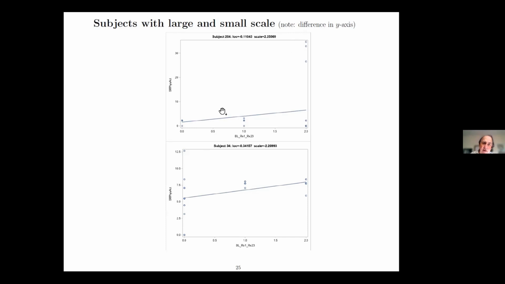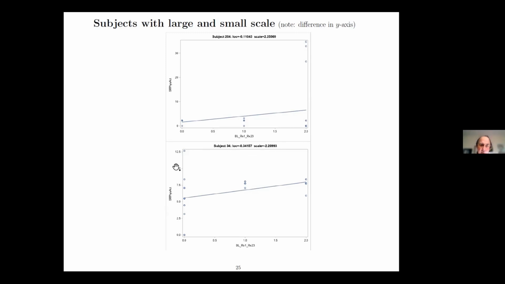If you look at this, and the y-axis here has the square root of physical activity, you can see that they're pretty consistent at baseline. They're pretty consistent at the first follow-up, but then they really explode in terms of their level of physical activity. So quite a large variance there. And if I contrast that to this other subject who has a mean estimate that, again, is not so far from 0, but their scale estimate is like -2.